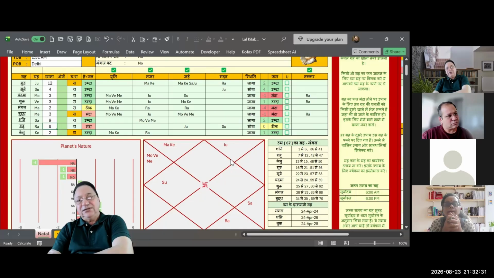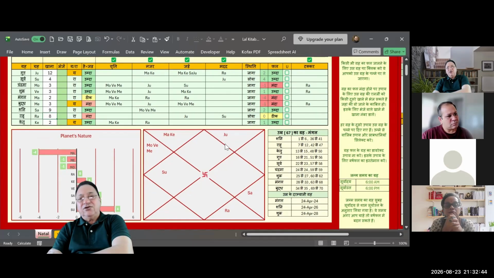If a planet is sitting in the root of Jupiter, it will also affect Jupiter. So that is also considered in roots. Another concept is of help. Every planet helps a planet sitting fifth from it. That is called Madad. That is considered here.